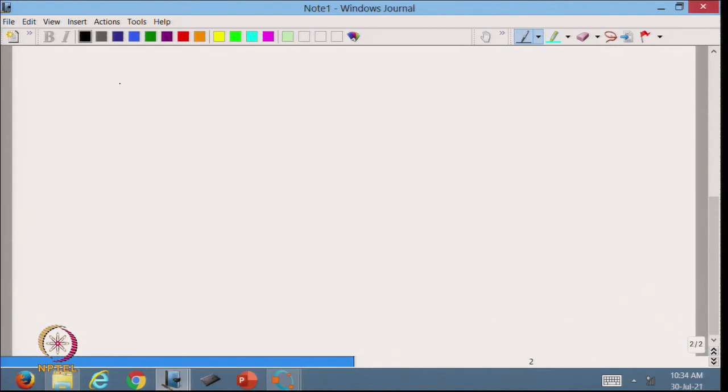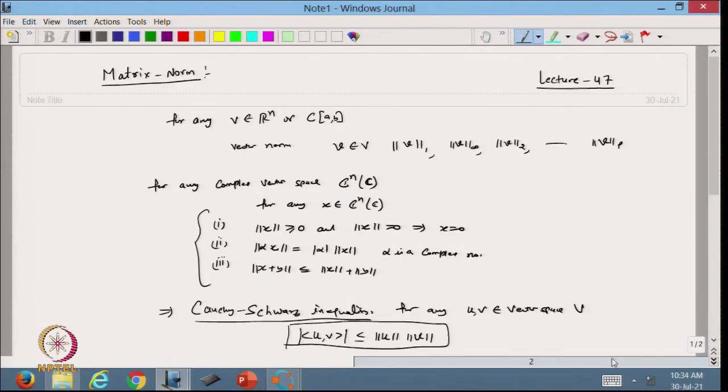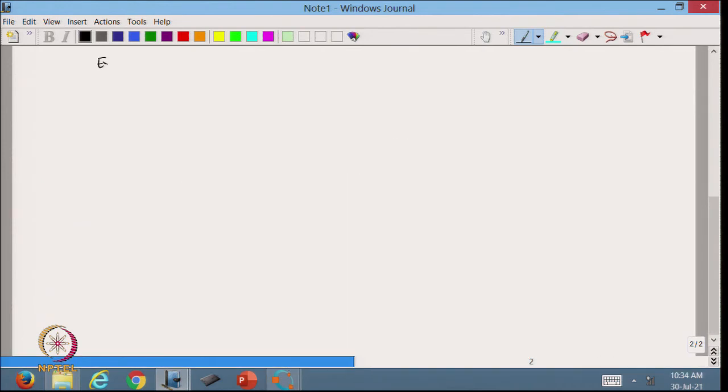So now I want to discuss what is going to happen when we take a vector. Suppose I take a vector v that is (1 plus i, minus 2i, 3), which belongs to C3. Now I want to define its one norm.